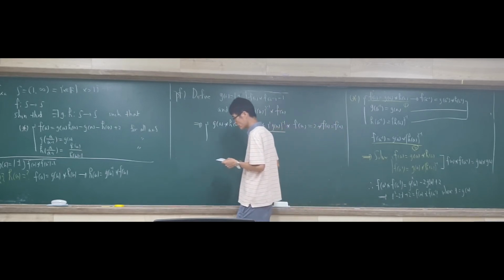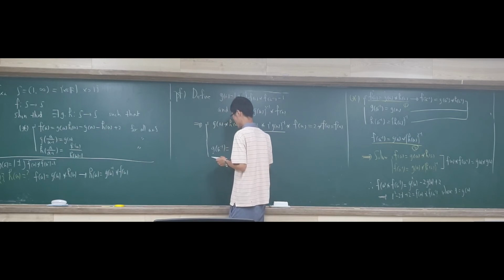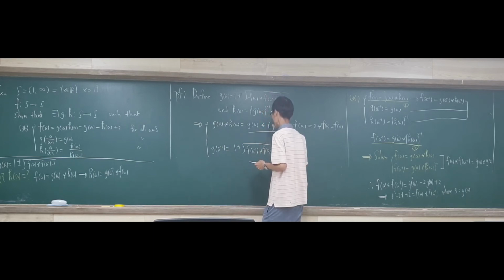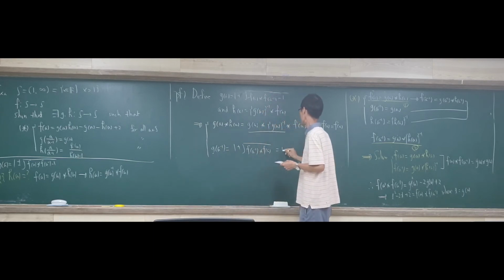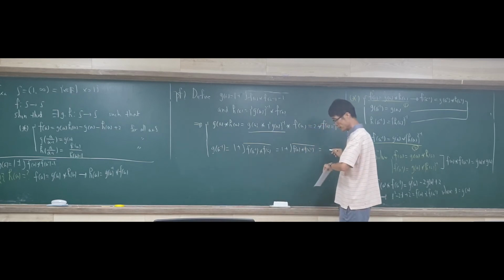And we can also see that G(a) to the negative 1 becomes, by the definition, 1 plus the square root of F(a) star F(a) inverse, and so this is equal to G(a).